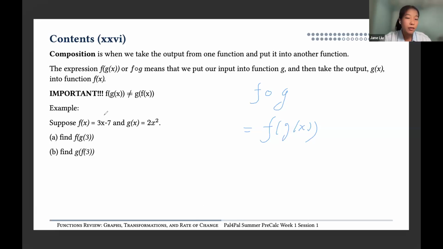I want you guys to try to find the output value for f of g of 3 and g of f of 3 respectively and put it into the chat.